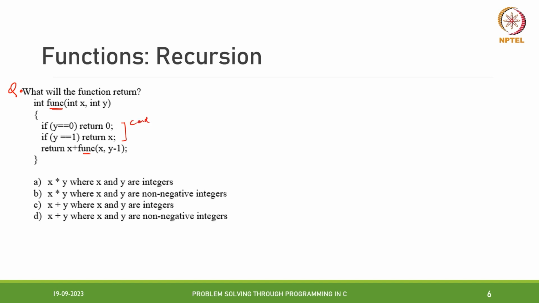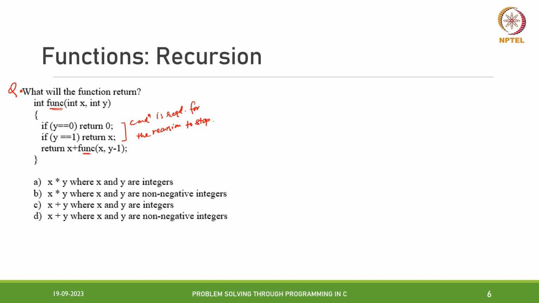This kind of condition is required for the recursion to stop. So at some point the recursion needs to stop, right? So this is the point where the recursion will stop, based on the conditions that you write. These are the stopping conditions for the recursion.